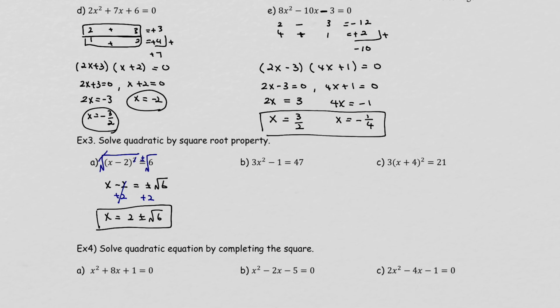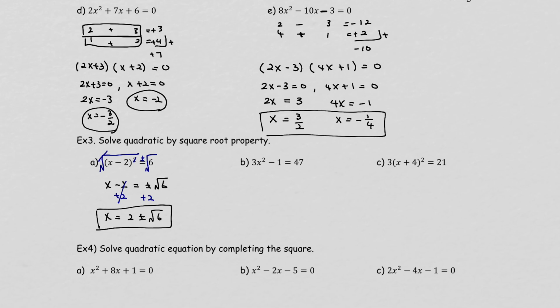So when you're looking at the second one, in order to use the square root method, you need to isolate x squared by itself. It means you need to get rid of the subtraction of 1 and the multiplication by 3, by dividing by 3. Once you have only the square term by itself on one side, you can take the square root of both sides of the equation to get rid of that square.